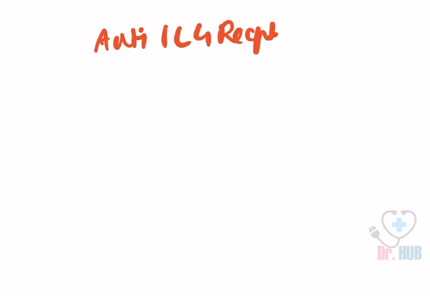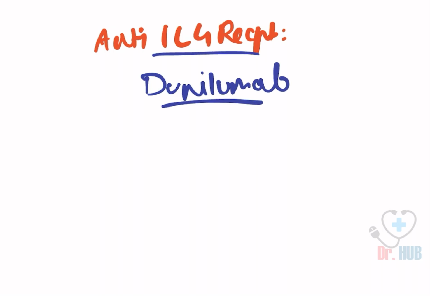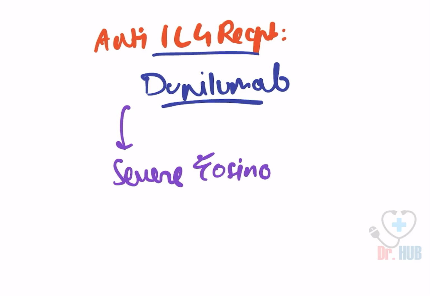Next, we look at the anti-IL-4 receptor. So this is nothing but the dupilumab. So what is the use? The use is, it is in case of the severe eosinophilic asthma.